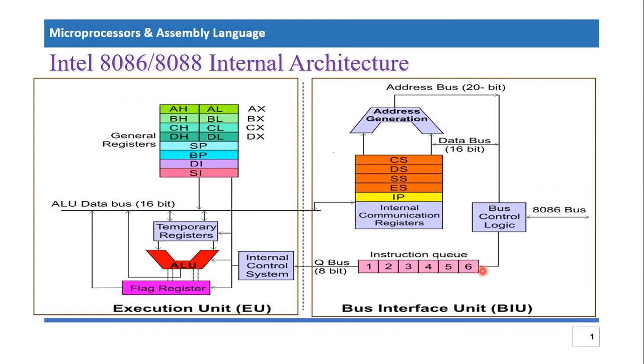It involves a number of buses which are connected to memory and to input output sections, and they are also connected internally with the execution unit. So the bus interface unit does the job of interfacing the external circuitry with the execution unit.